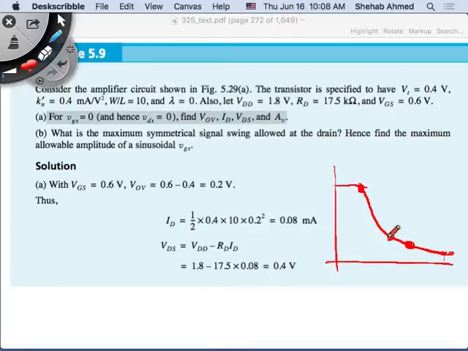If I am here, we said that if my signal swings beyond a certain value, I'm going to enter into triode. And if my signal swings the other way beyond a certain value, I will enter into cutoff. I don't want to enter cutoff, and I don't want to enter triode.